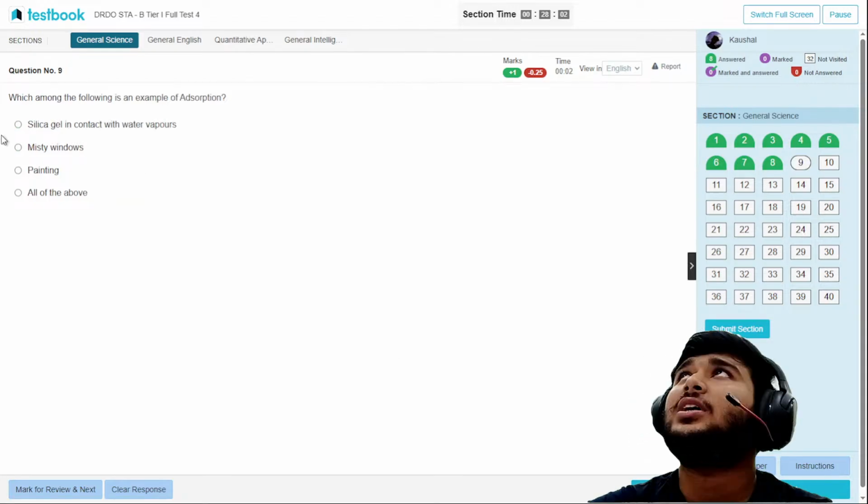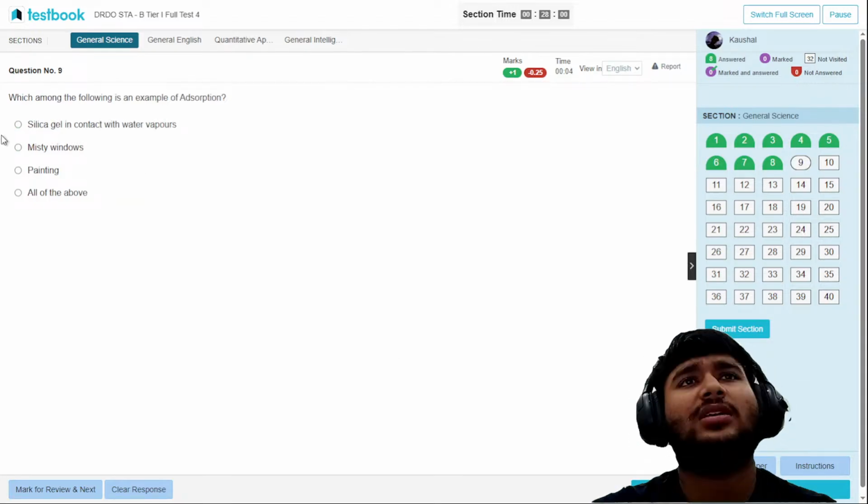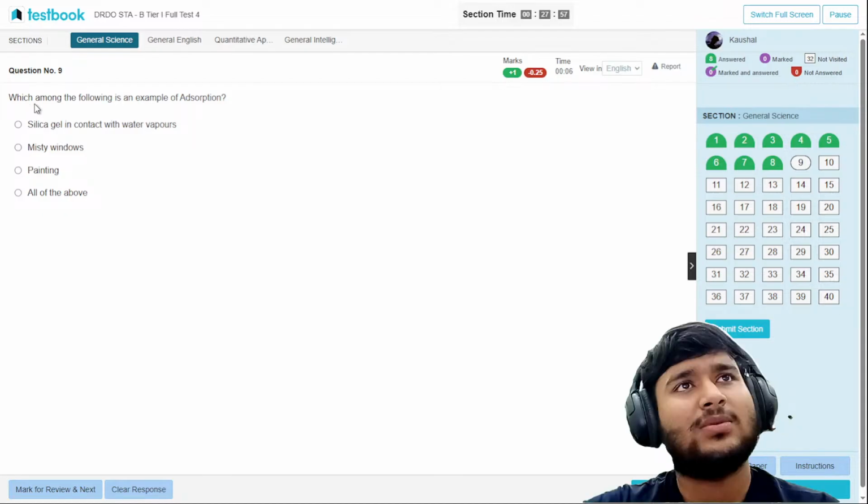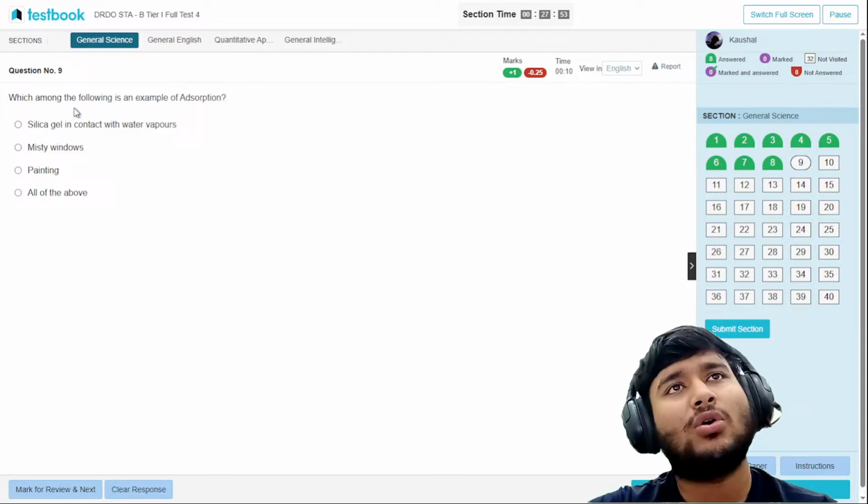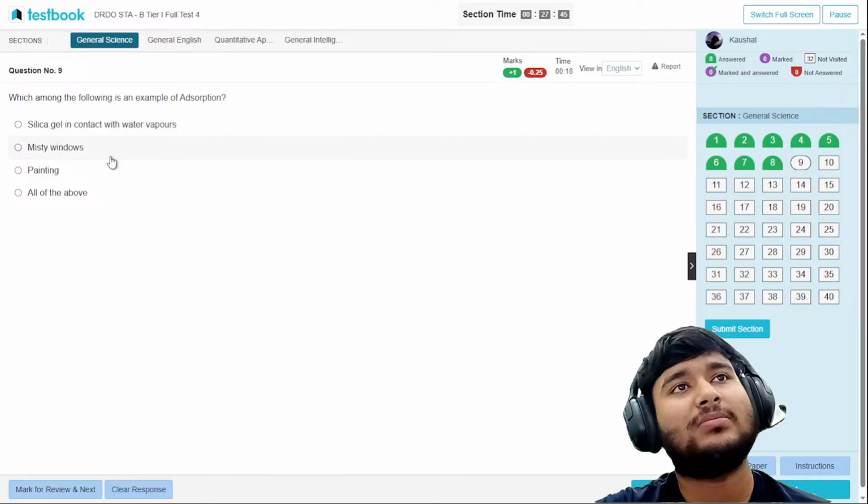Metal oxides, KOH, is acid. Which among the following is an example of adsorption? Silica gel contact with water vapor, mist, painting.